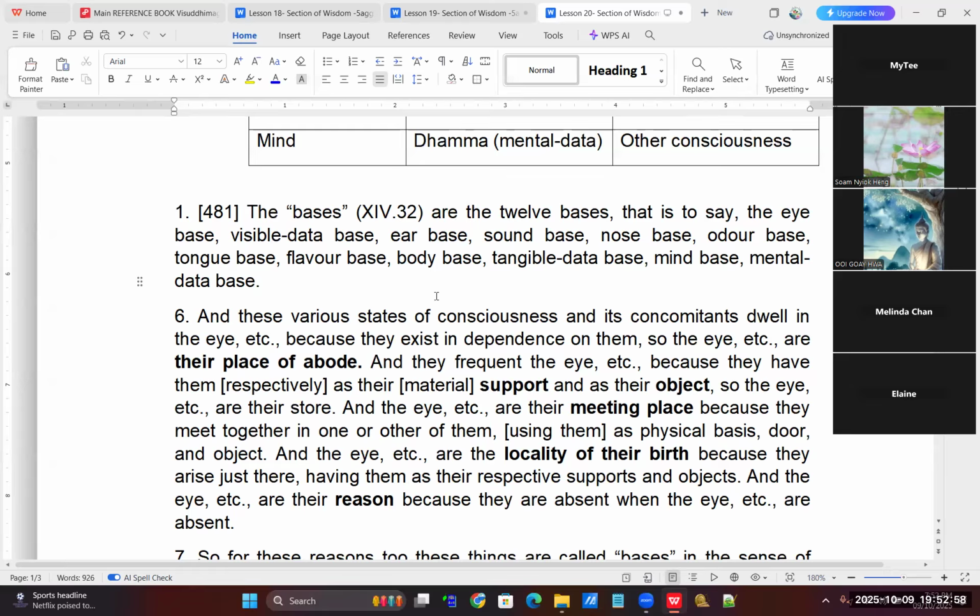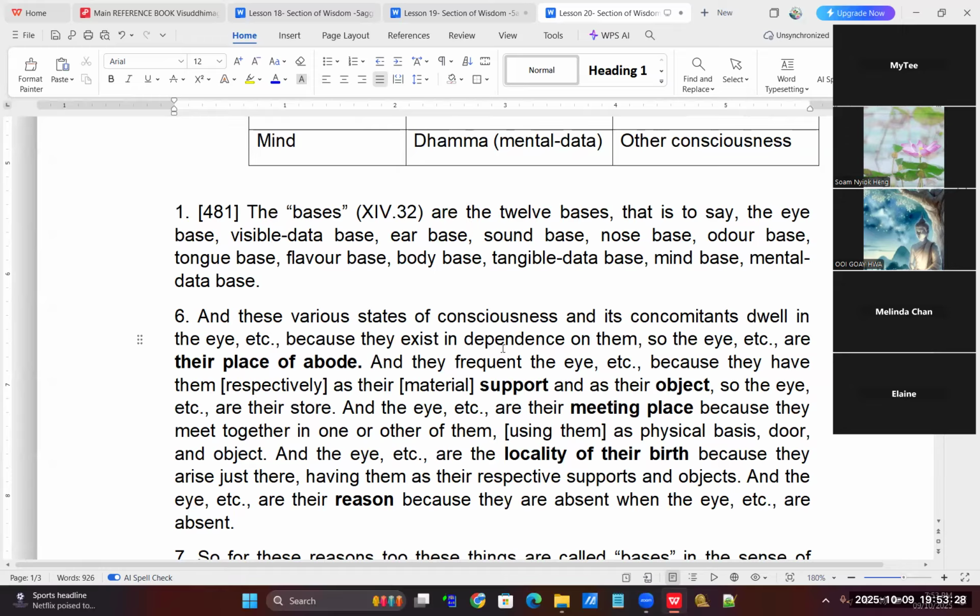And these various states of consciousness and its concomitants dwell in the eye, etc., because they exist in dependence on them. So the eye, etc., are their place of abode, and they frequent the eye, etc., because they have them respectively as their support and as their object.